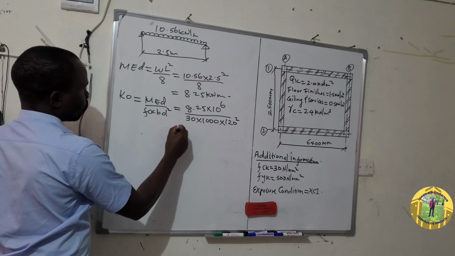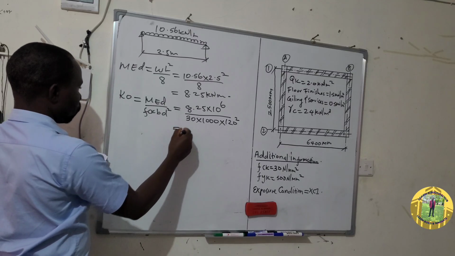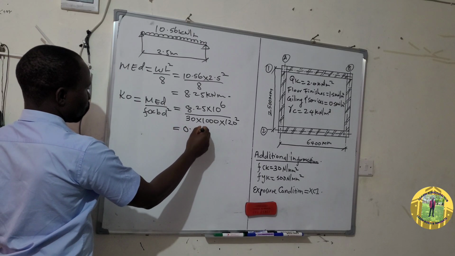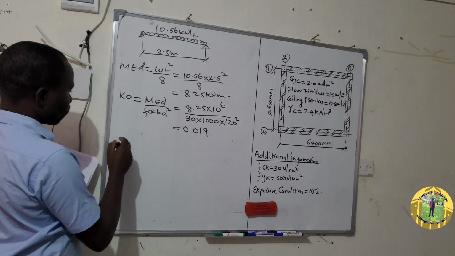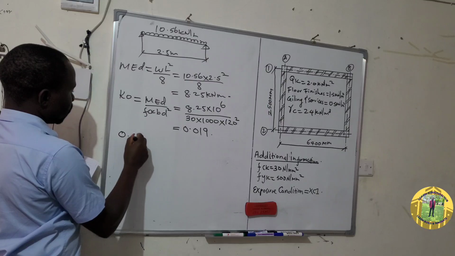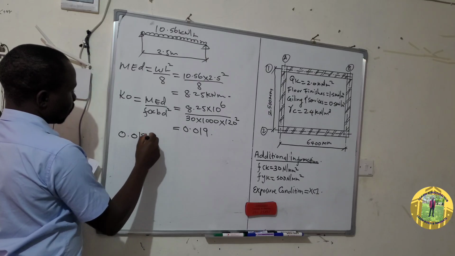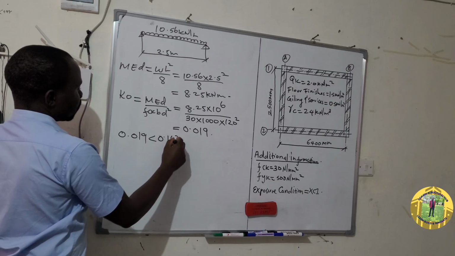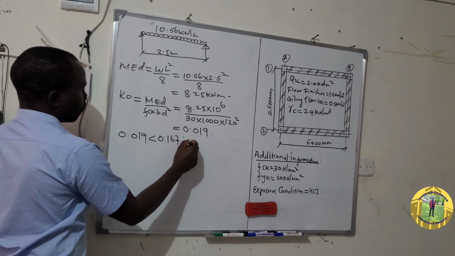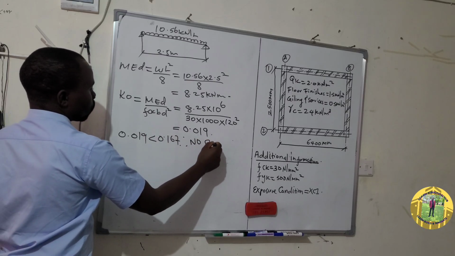So this one is equal to 0.019, and therefore 0.019 is less than 0.167. Therefore, no compression reinforcement is needed.